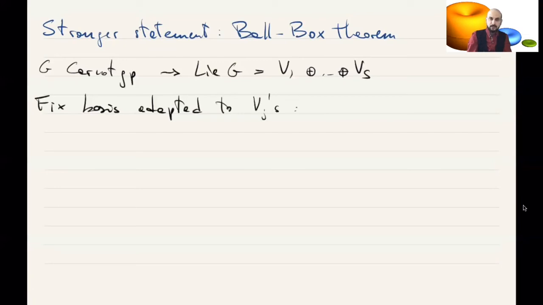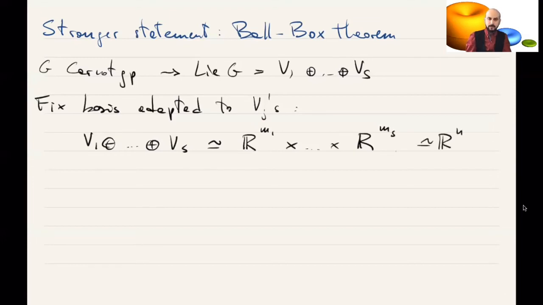So we have V1 to Vs, and V1 is going to be identified with R^m1, then V2 with some other R^m2, and so on up to R^ms. So we have identified the Lie algebra with some R^n.